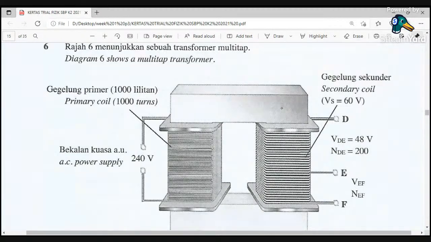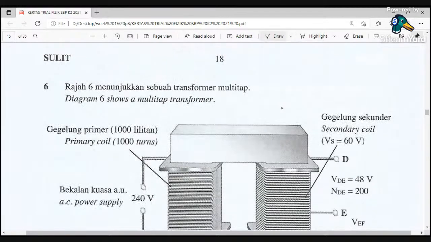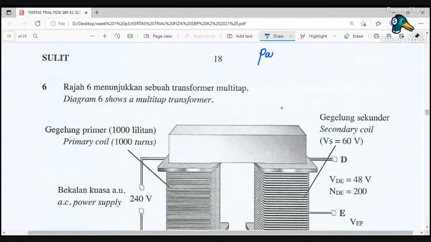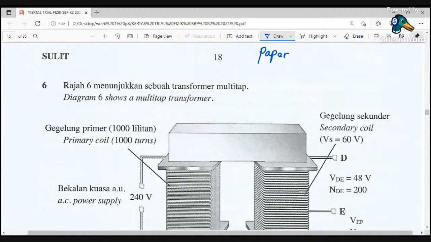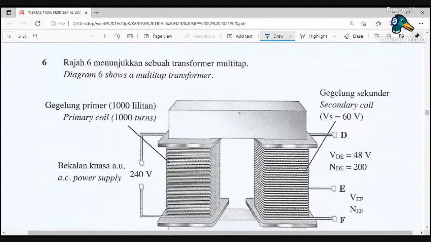So look at number 6. Okay, diagram 6 shows a multi-tap transformer. Apa maksud multi-tap?